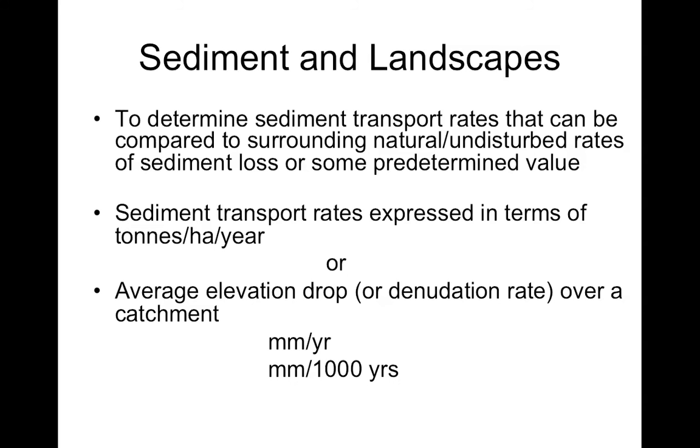Right, so sediments and landscapes. Now I'm going to talk in a lecture or two about actually how landscapes erode, or the characteristics of a landscape that you can interpret, but for now we're just going to concentrate on actually how you measure erosion rates in a landscape. Now, erosion rates in a landscape are going to be very, very slow.